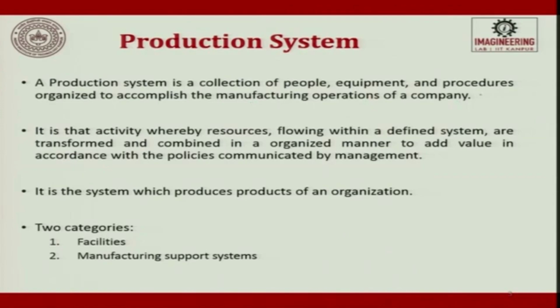It can be a steel company, it can be a bakery, it can be a food chain shop, it can be even a small assembly shop wherein they try to assemble bottles. It is that activity whereby resources flowing within a defined system, for example, a conveyor belt in an airport, that is also called a production system.